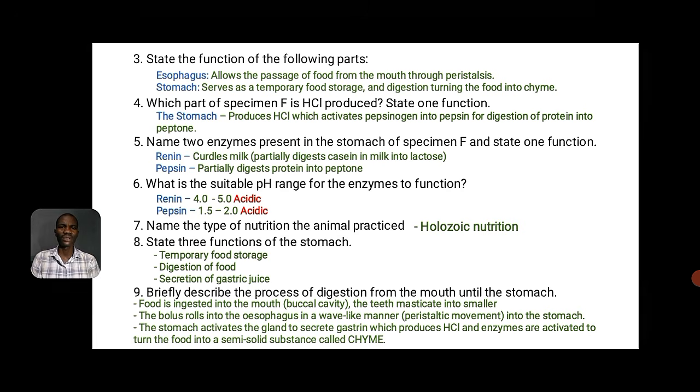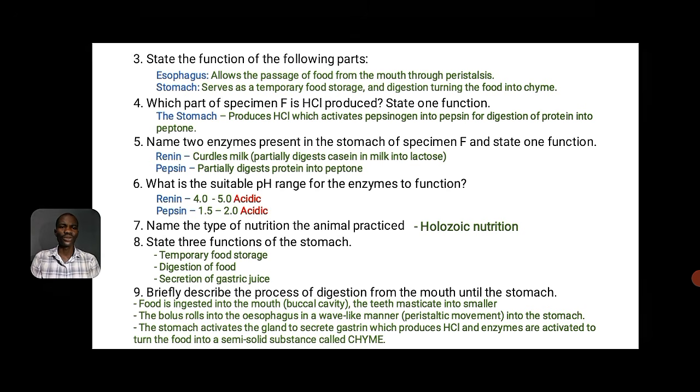Then salivary gland will mix with the food, and the enzyme ptyalin will partially convert starch or carbohydrates into maltose, and then the tongue will roll the food into bolus, and then it will go through the esophagus in a peristaltic movement into the stomach.